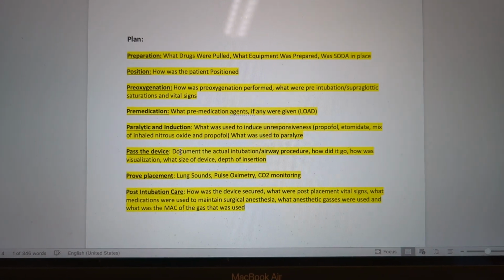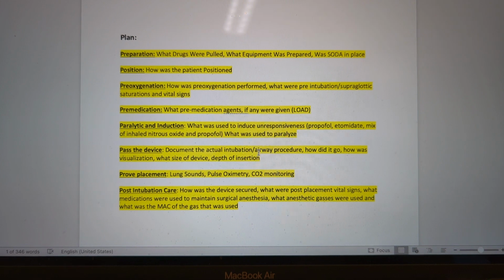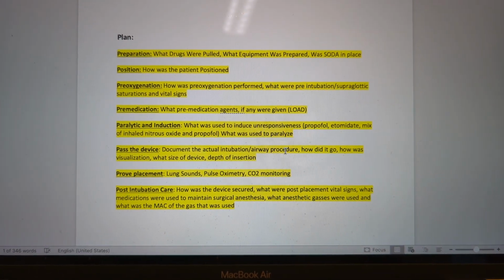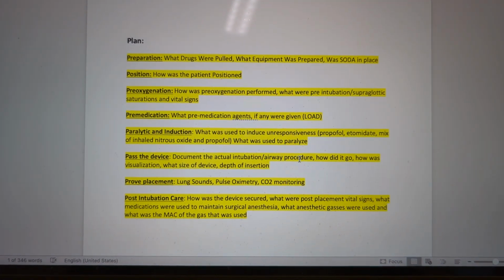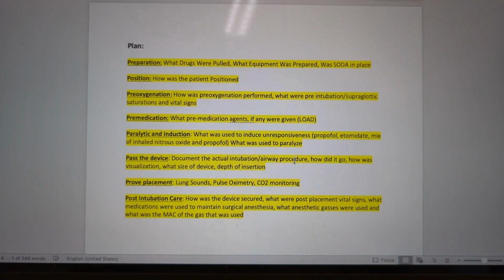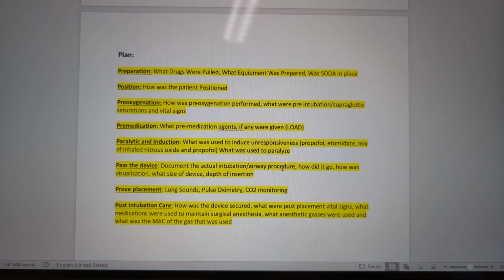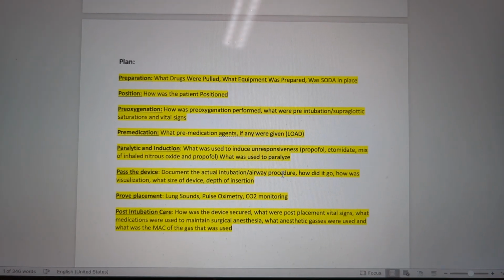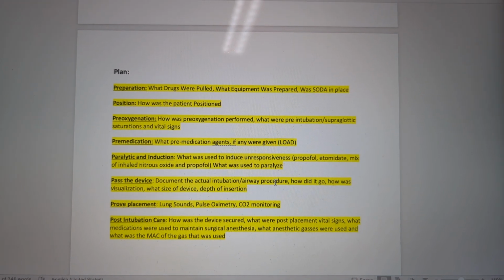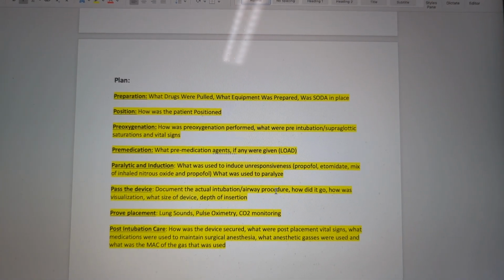Pass the device. Document the actual intubation and airway procedure. How did it go? How was visualization? Remember the POGO score, percentage of glottic opening, right? Or the Cormack and Lehane score. Was this a Cormack and Lehane 1 where you easily identified all the major structures of the glottis, or was this more difficult, right?